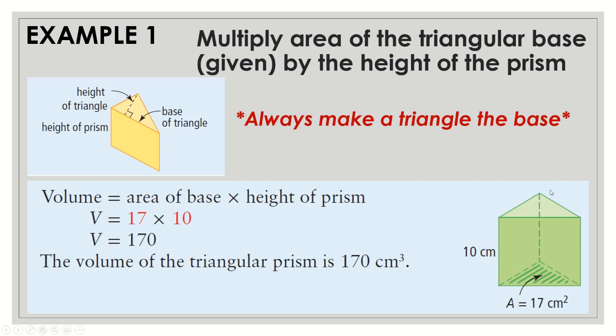You can just picture in your mind always flipping that prism up onto its triangular side and making sure the base is the shape of a triangle. So that area is 17 centimeters squared, and the height of the prism is 10 centimeters. You just multiply those together, and the answer is 170 cubic centimeters, or centimeters to the power of 3.